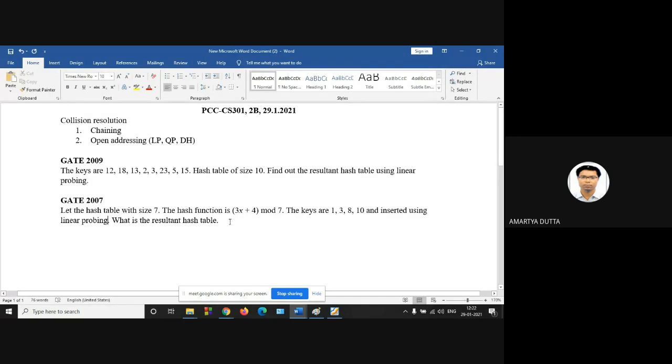Find out the resultant hash table. So what is the answer?